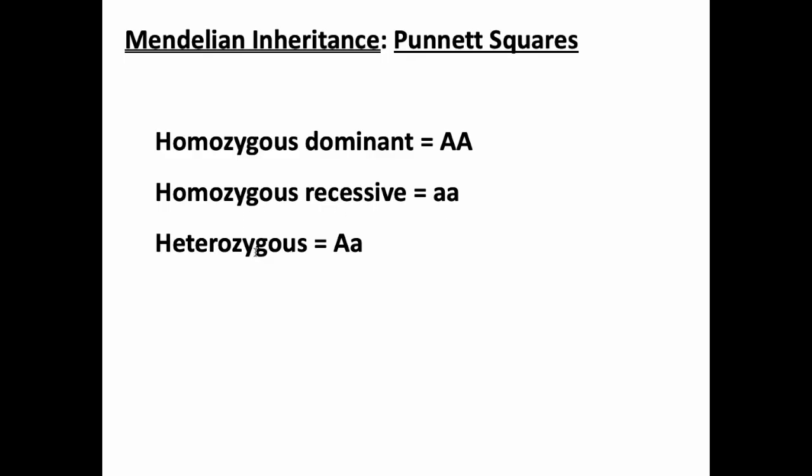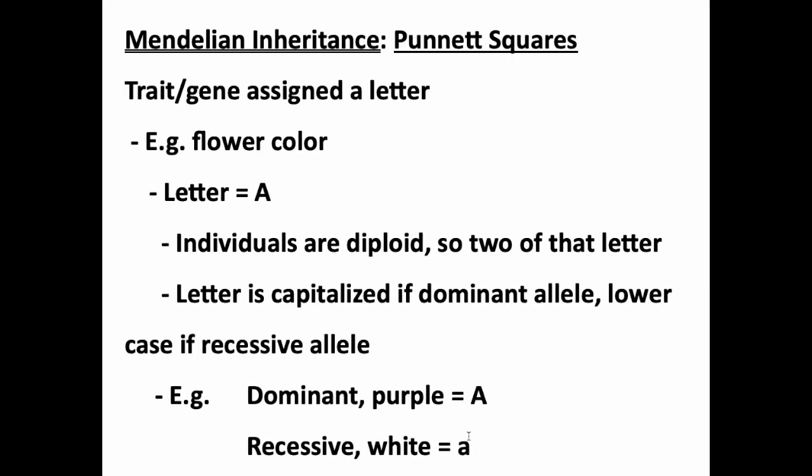And of course, heterozygous means one of each, capital A, lowercase a. I guess you could do lowercase a, capital A. The order doesn't technically matter. By convention, usually the heterozygous is written like this, with the capital letter and then the lowercase letter. So these are important ways to abbreviate these three genotypes using these conventions of capital and lowercase.